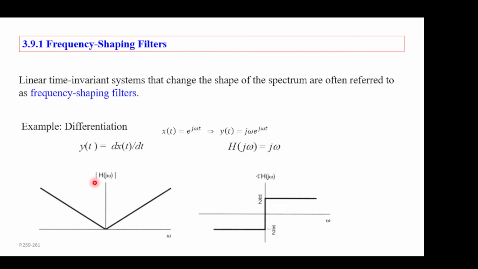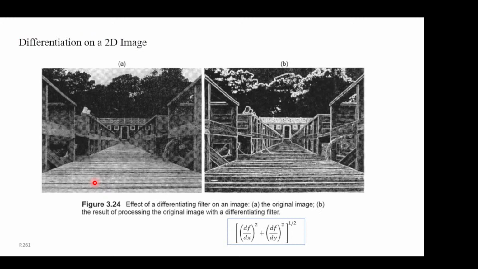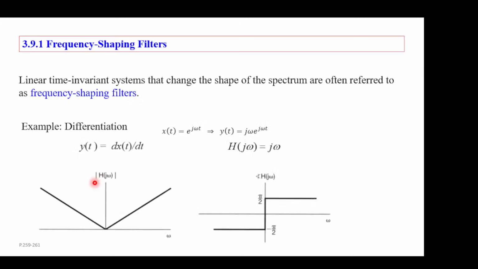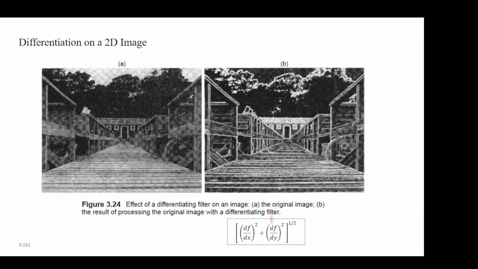Although we are talking about periodic signals, we'll see very soon that this kind of thing also makes sense for non-periodic signals. Anyway, this is what happens when you take the differentiation of a signal. Although we were talking about 1D, and 2D is very similar.